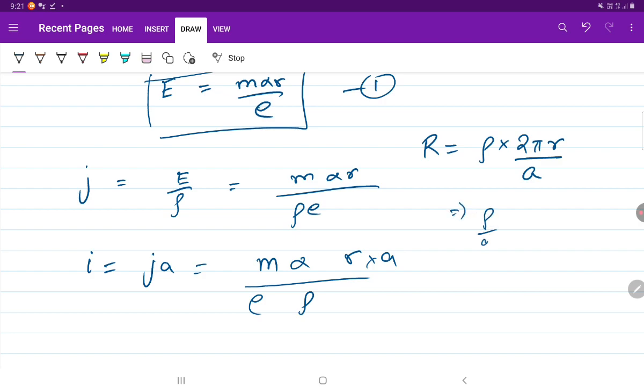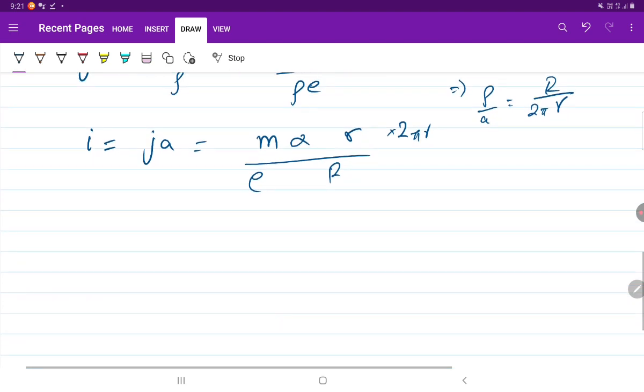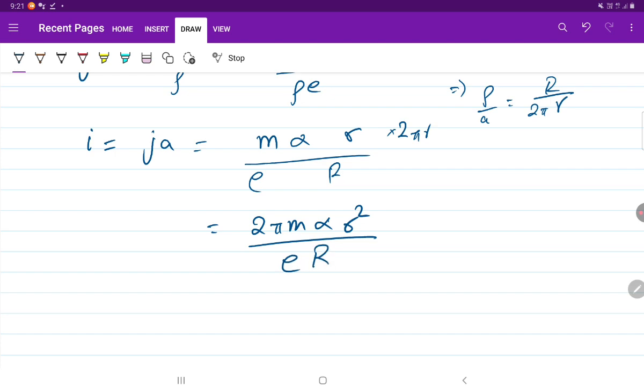So I can write rho by a to be R by 2 pi r. Just substituting rho by a, we get I equals 2 pi m alpha r squared by e times the resistance of the coil R. So this is the current which will be induced in the coil after a long time.